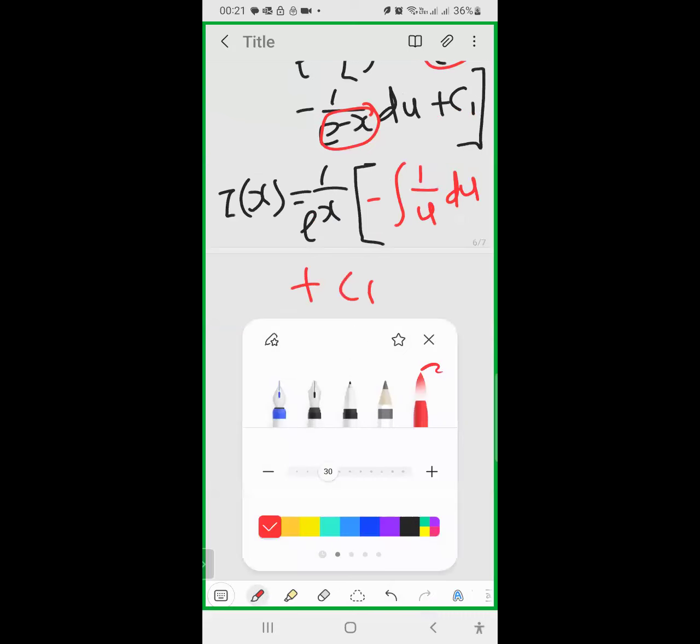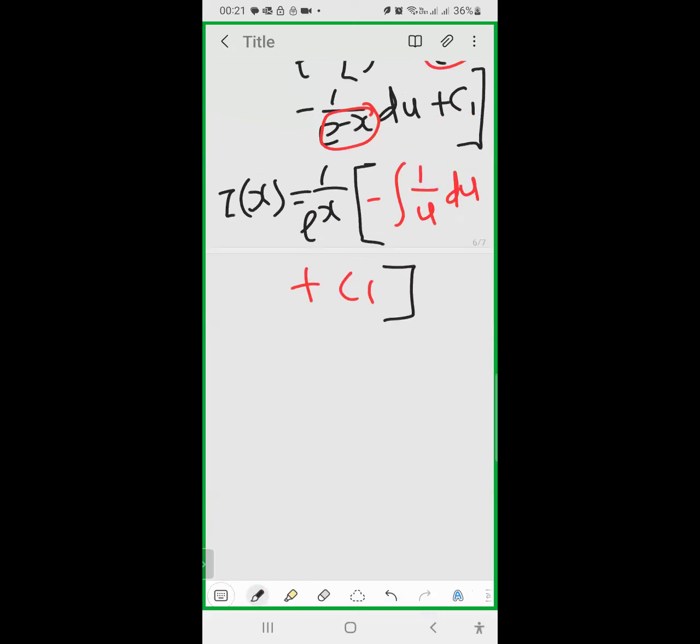Therefore, z of x is then going to be equal to 1 over e to the power x, times minus the ln of u, the integral of 1 over u, right? Then plus c1.